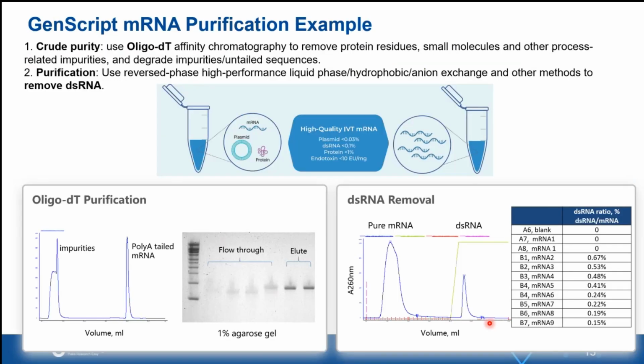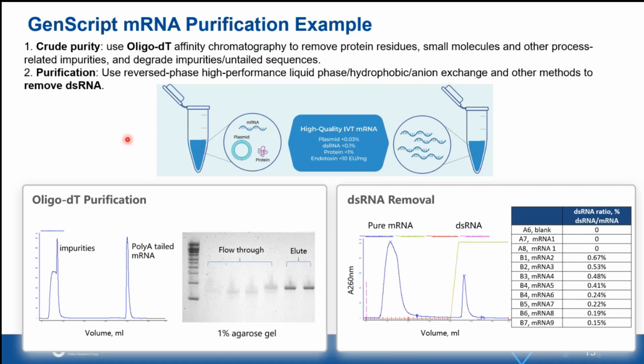So when we have this mRNA, the purification process is also very important. For crude purity, we use oligo-dT affinity chromatography to remove the protein residues and small molecules.